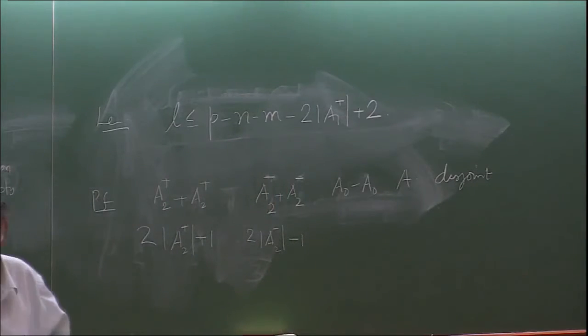And A0 minus A0 we have already seen to be bigger than or equal to minimum of L plus M and 3M minus 3.